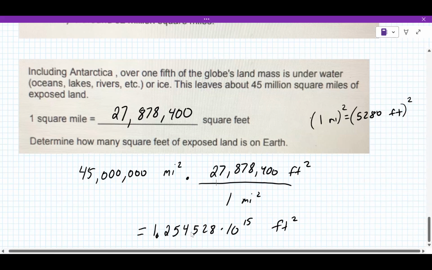I got 1.252278. Yeah, well, you can choose whichever number you want to use. It doesn't matter, because we're dealing with such large numbers.